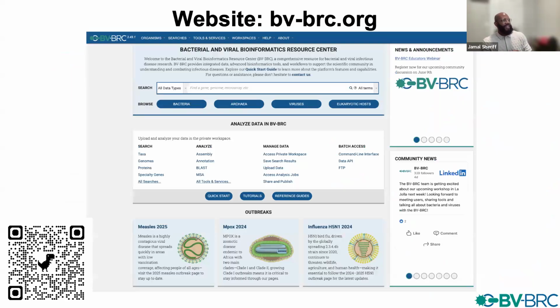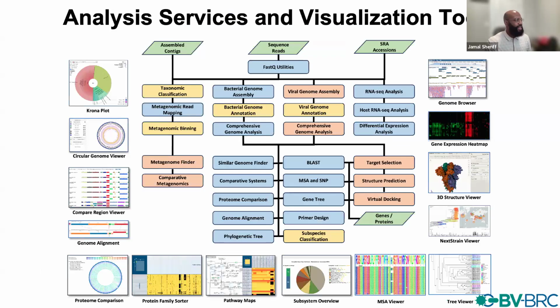So our website is bv-brc.org. You can use the QR code or type it into your browser. We're for sure going to be using it because you're going to use it for your exercises. That is our homepage, and this is our assortment of provided tools and services. We are going to cover a small portion, maybe a third, of the actual resources that we offer on our website.